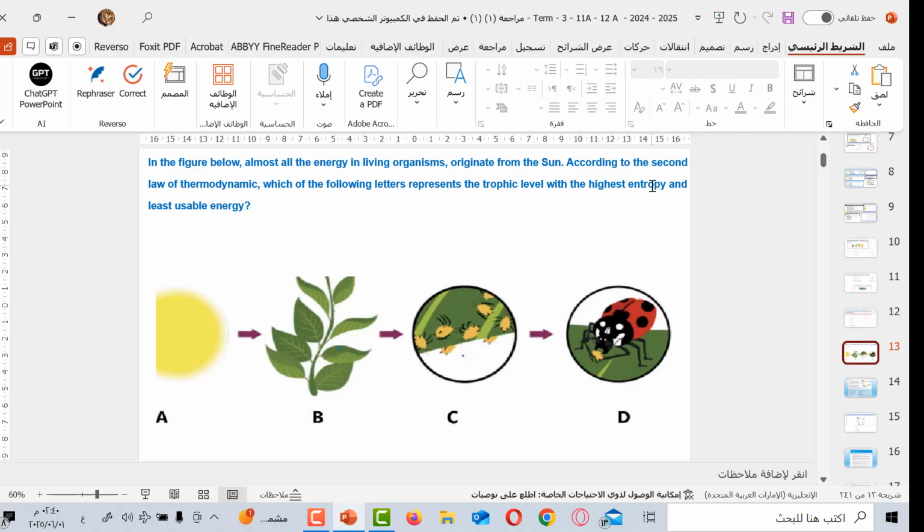Highest entropy means the biggest loss of energy. The biggest loss of energy will be at the highest level, so that will be D.